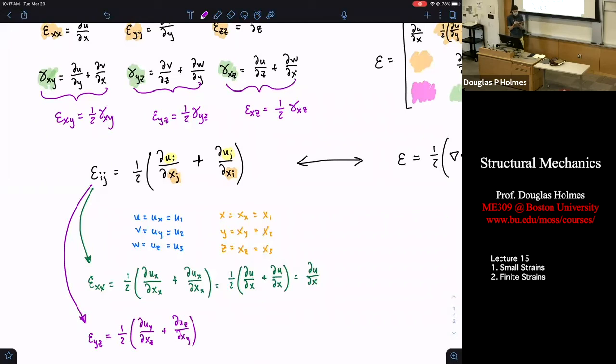Now let's go to our chart over here, and we would say, okay, u sub y is equal to v, so that's dv. And x sub z is equal to z, so that's just going to be dv dz. And we're going to add to that u_z, which is w, and dx sub y is y.